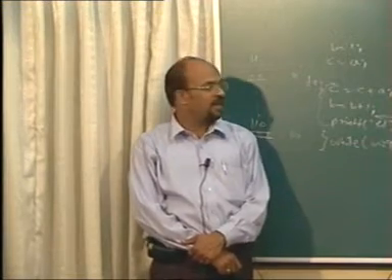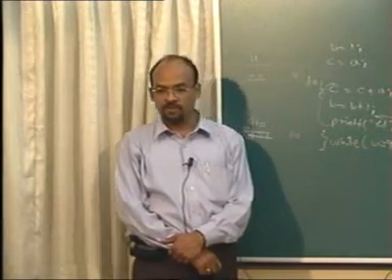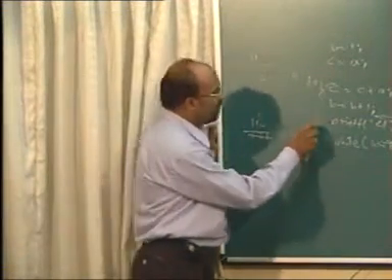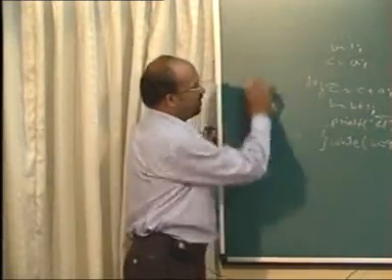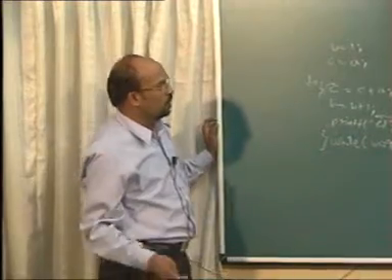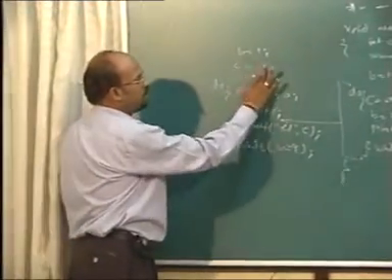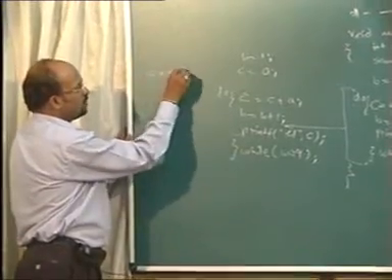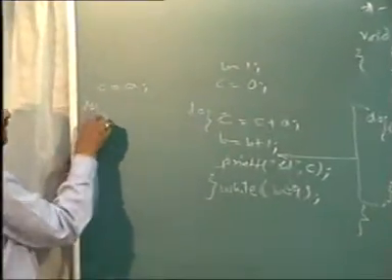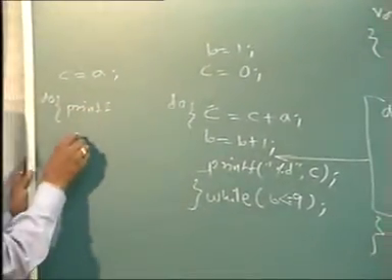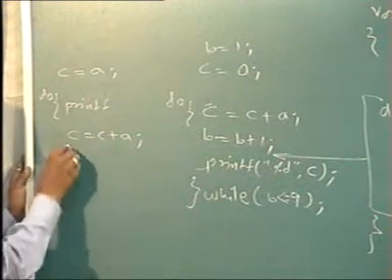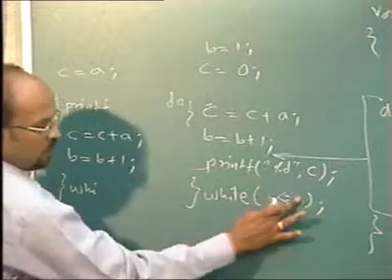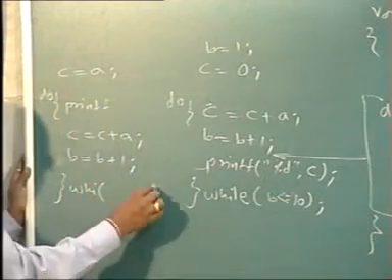Now suppose I say that you are not allowed to use C. So here C means variable C. I have given you two options. One is you keep C as 0 and keep it as it is. Second choice was make C as 1 A, start with printf, then C equal to C plus A, B equal to B plus 1, while same condition.